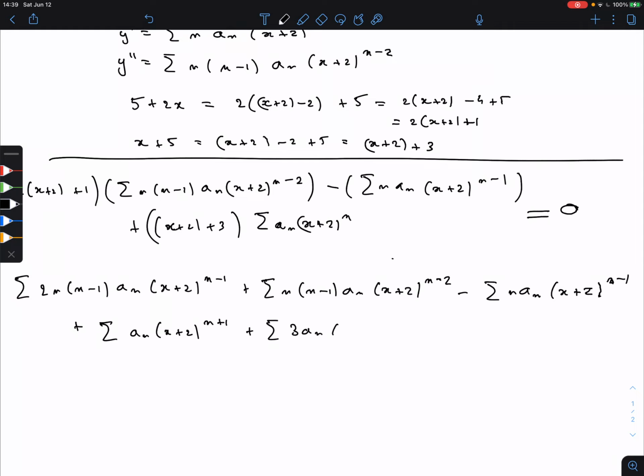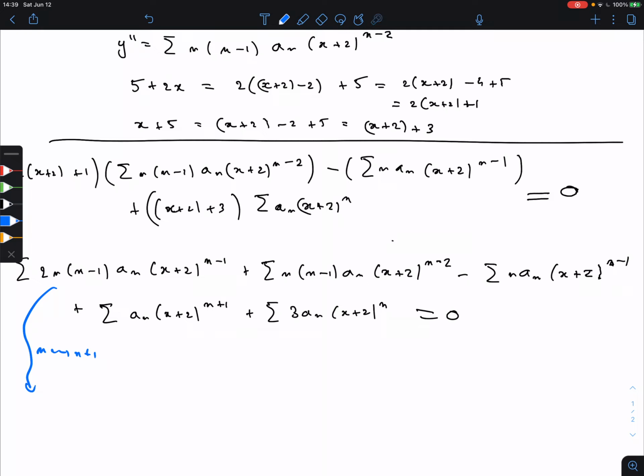So let's do all the shifts. I'll do the shifts in blue. The shift necessary here is n replaced by n plus 1. What we want is to get this equal to n, so we have to add 1 to it, and then if we plug it in, they will cancel.